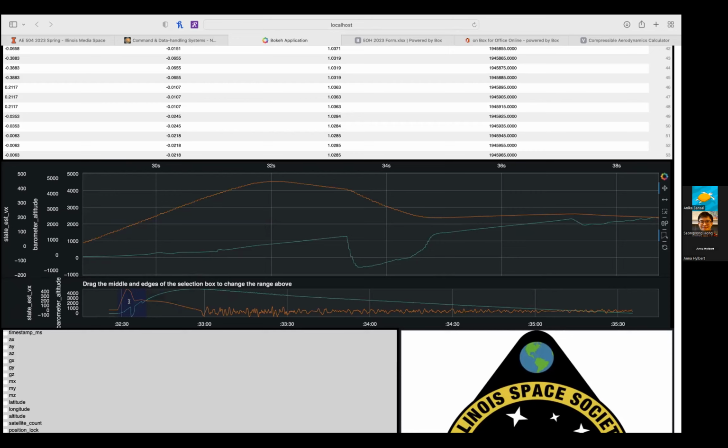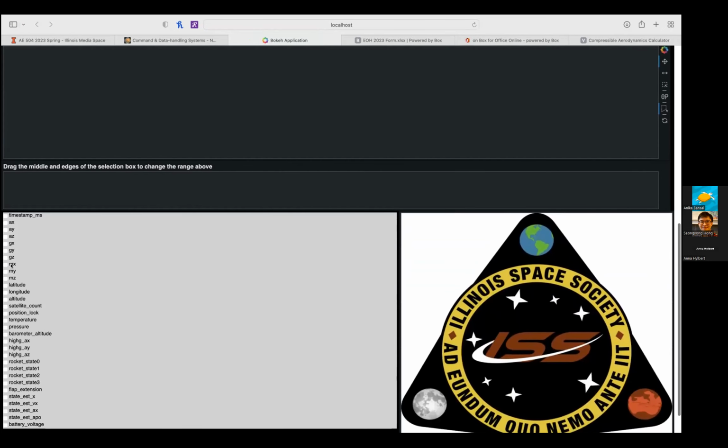In fact, we can see a difference, because we also use a Kalman filter to calculate altitude itself, and we can plot barometer altitude along with state SX, which is position.